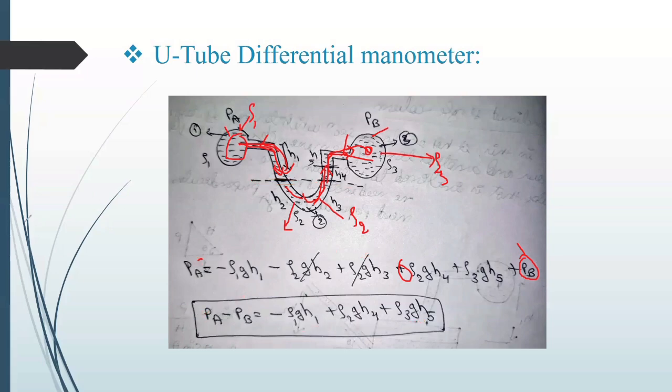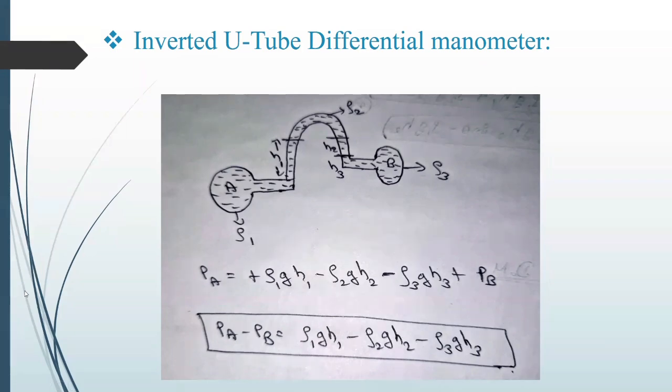This is the U-tube differential manometer. Next is the inverted U-tube differential manometer. The construction is the same, the only difference being that the U-tube is in an inverted shape. Okay, so this is the rho 1 liquid, here is the rho 2 liquid, and here is the rho 3 liquid.